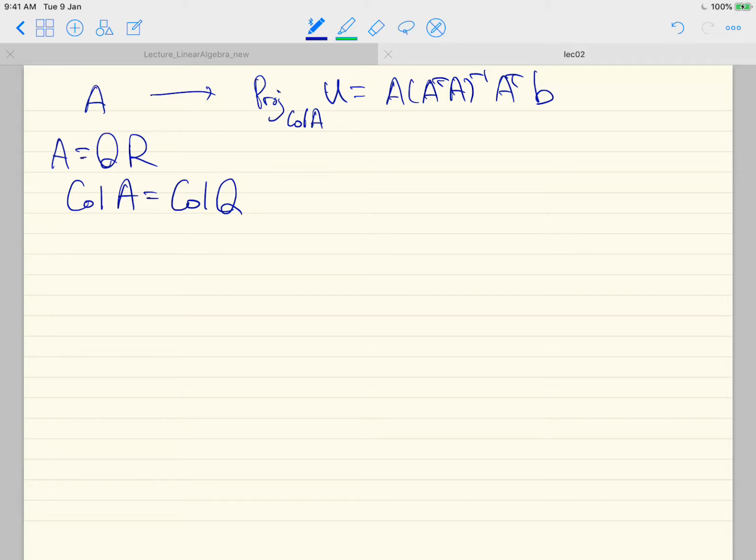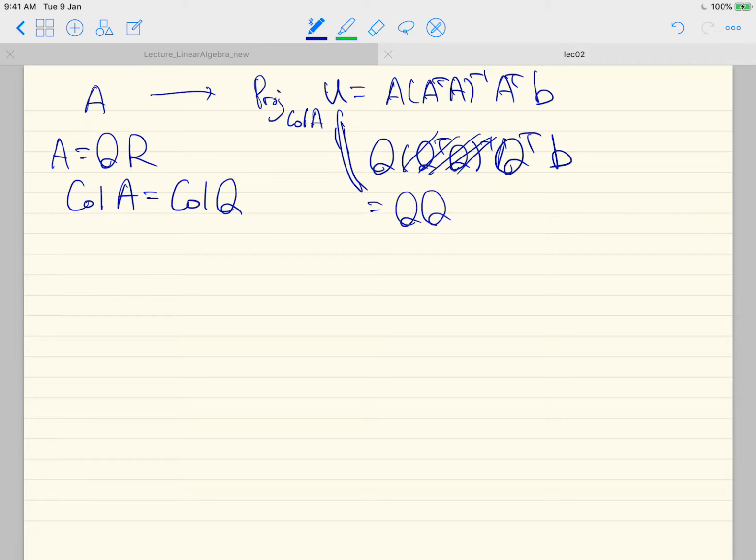So in this situation, will this be the same as Q (Q transpose Q) inverse Q transpose b, and this will be gone because of the fact that Q transpose Q will be identity. And so again, will this guy be Q transpose b? Right? So we have to prove that.